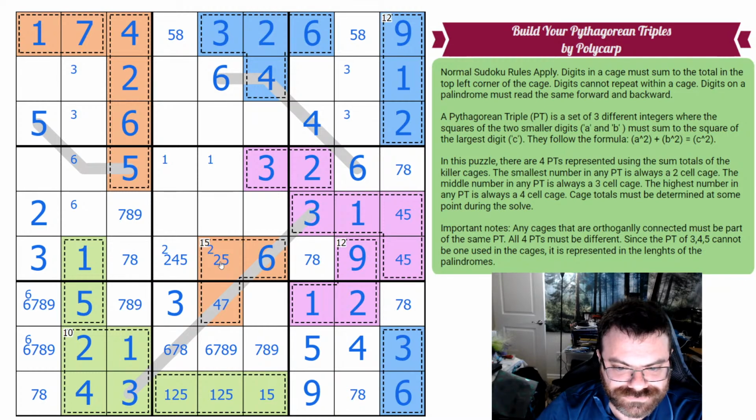Row 6, column 5. Oh, we already eliminated that. 2, 4, 5. Six in box 8. This also sees a 6. Okay. Oh, we have a palindrome as well. Lots of reasons that's a 6.